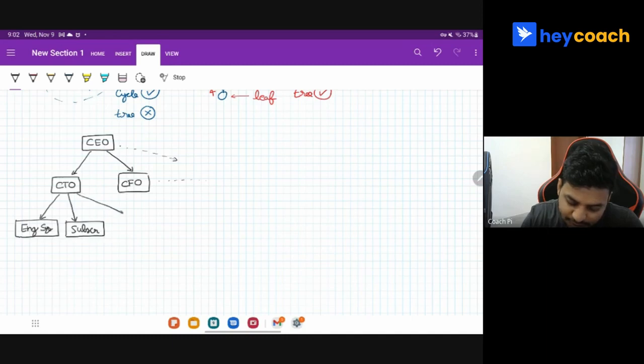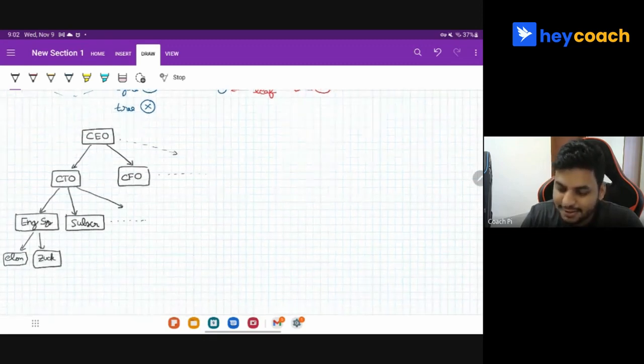And similarly, multiple organizations will be there at each level, and then employees will come, like let's say Elon. Elon is coming under the engineering organization, and Zuck. So this represents a hierarchy, as in this graph represents a hierarchy.